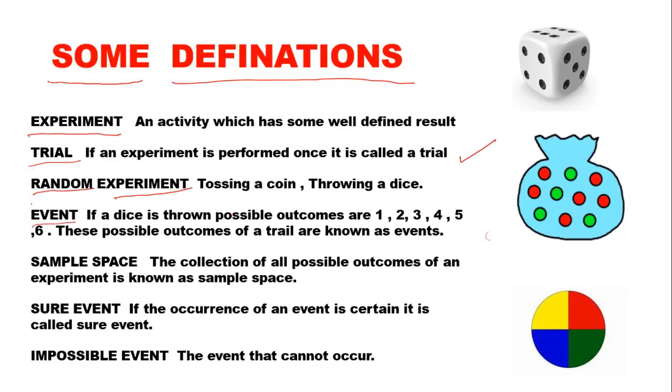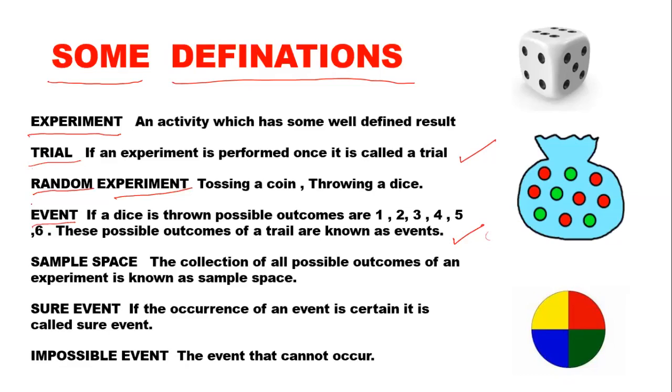Event. What is an event? If a die is thrown, possible outcomes are 1, 2, 3, 4, 5 and 6. These possible outcomes of a trial are known as events. Possible outcomes are called events. Sample space is the one which includes all the possible outcomes.